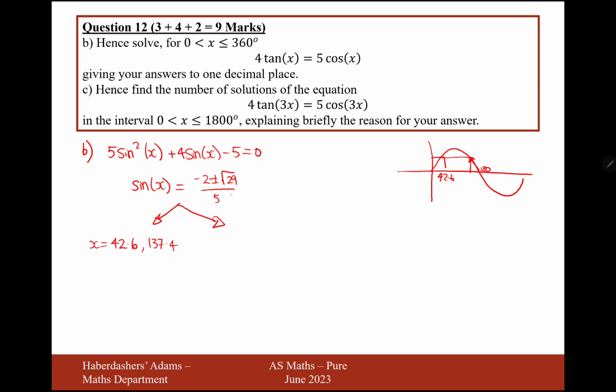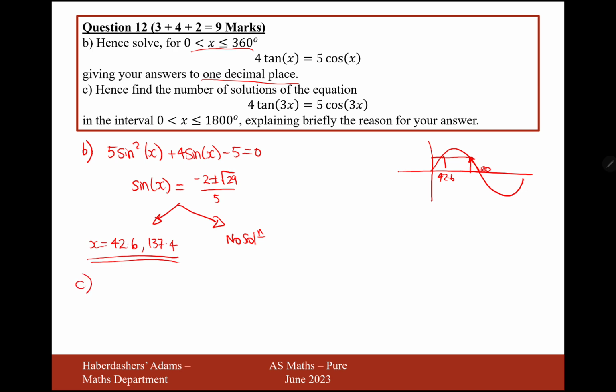And on the second solution, where it's minus 2 minus root 29 over 5, we get no solutions here because the value of minus 2 minus root 29 over 5 is less than minus 1, and you don't get any solutions for sine when you're less than minus 1. So there we are. Those are our 2 solutions to this question to 1 decimal place between 0 and 360.